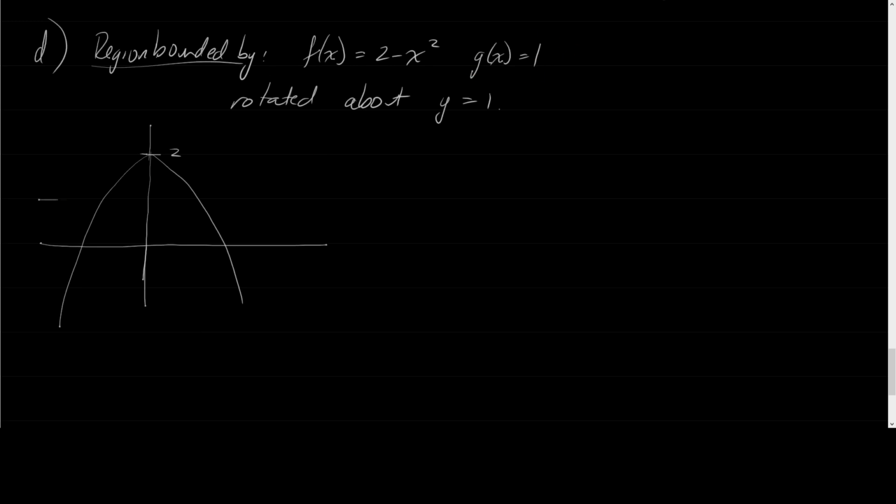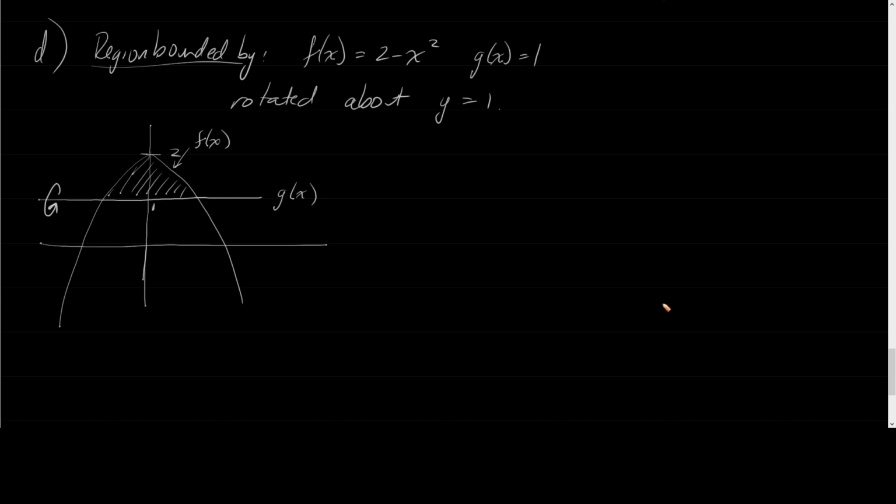Well, that's just that line there. This is f of x, this is g of x. And we're rotating about the line y equals 1. So we're rotating about this. And this is the region that we're rotating, right? Because it's the region bounded by f of x and g of x, that region.